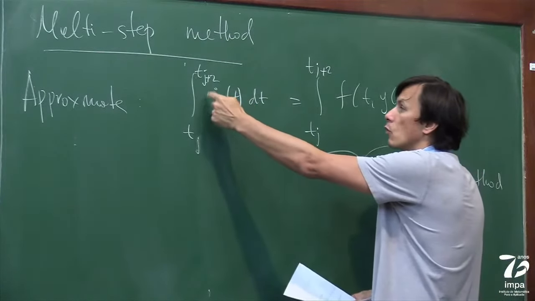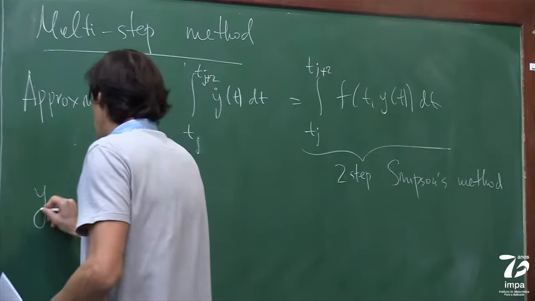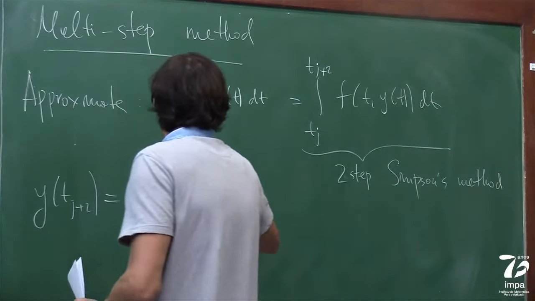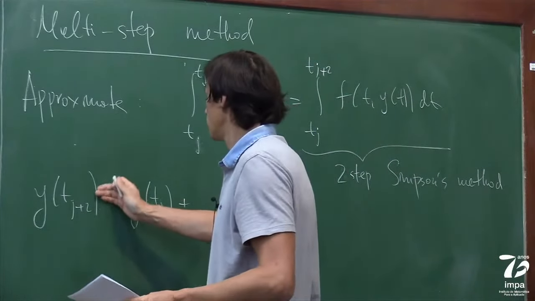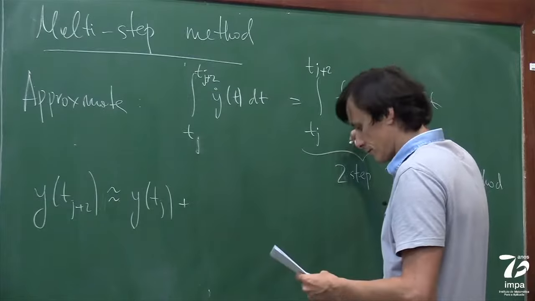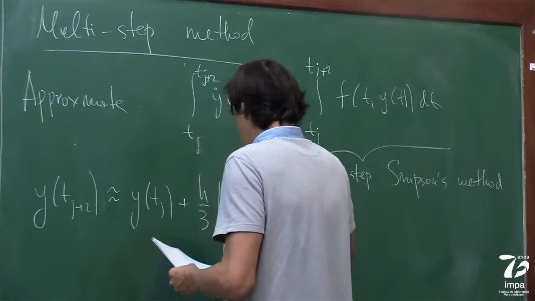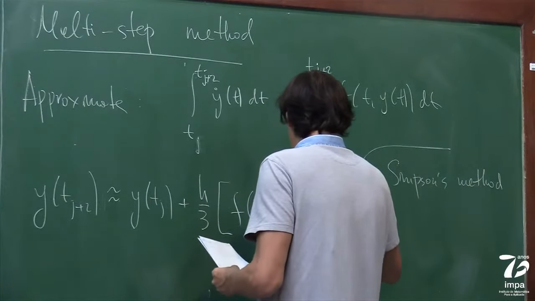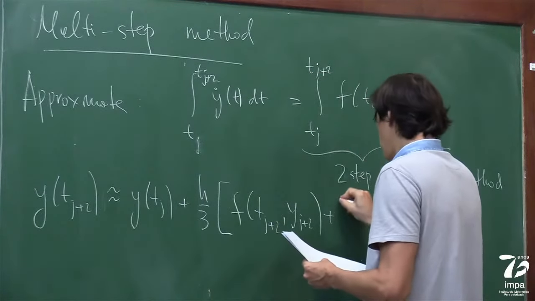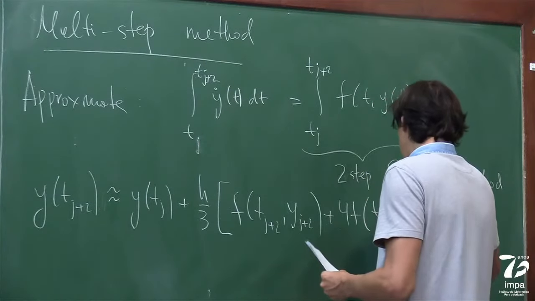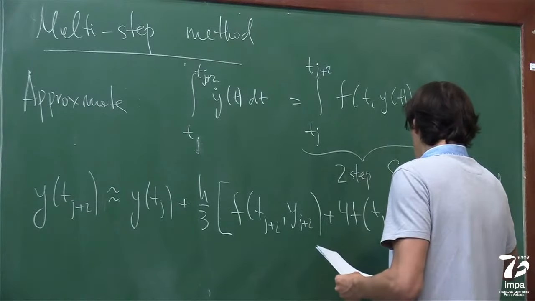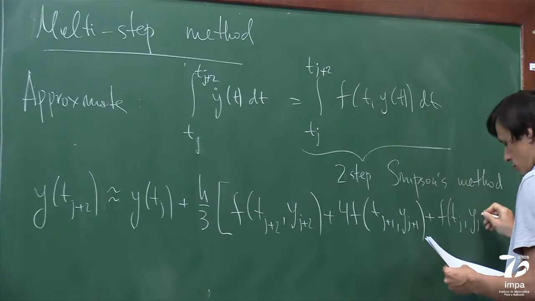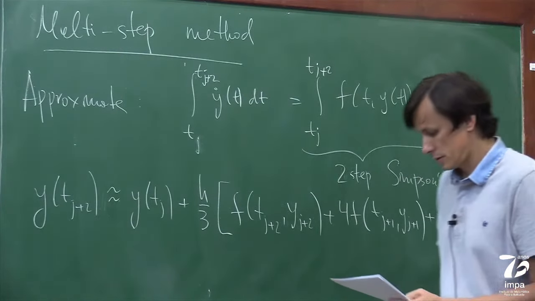And the left side is just y at this point minus y at that point, so that y at tj plus 2 equals y tj plus, if the integral is approximated by the Simpson method, h over 3, if you remember, and then there are 3 points: f at tj, 4 times f in the middle point, plus f at the last point tj plus 2.